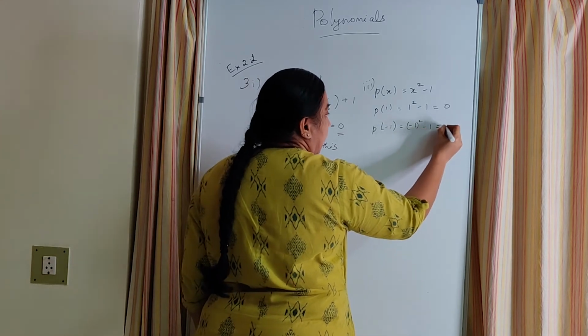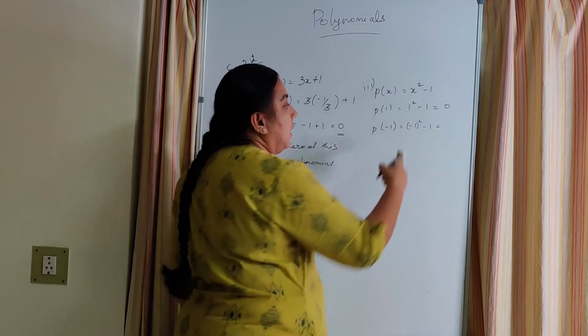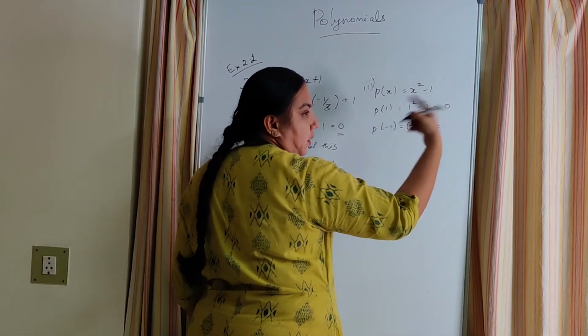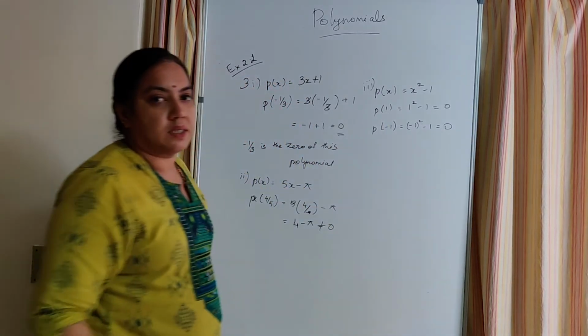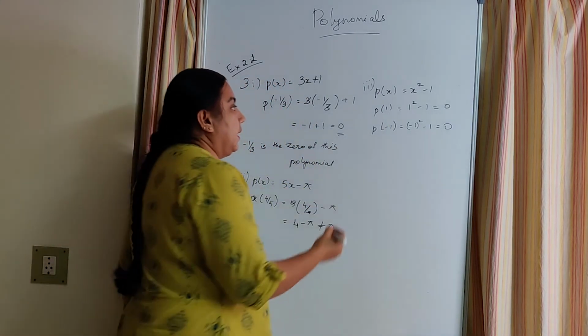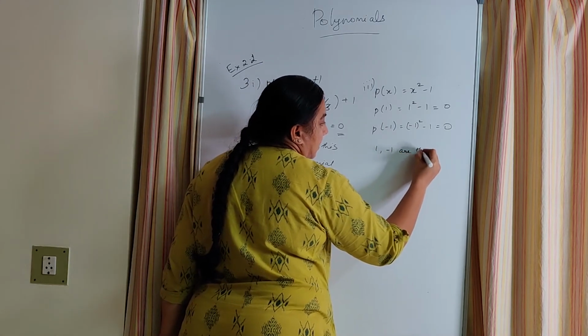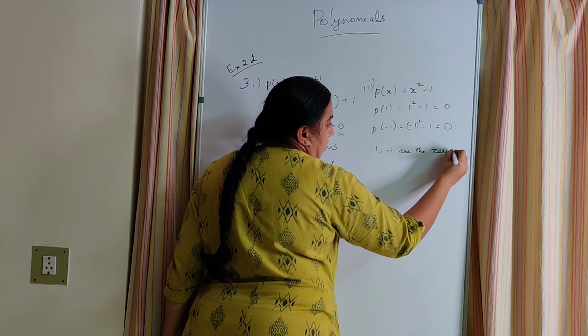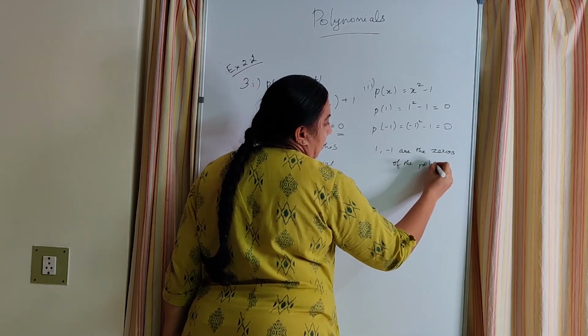For that reason, 1 square minus 1 into minus 1 is plus 1. So plus 1 minus 1, it becomes 0. And so yes, minus 1 is also the zero of the polynomial. I can write it as 1 comma minus 1 are the zeros of the polynomial.